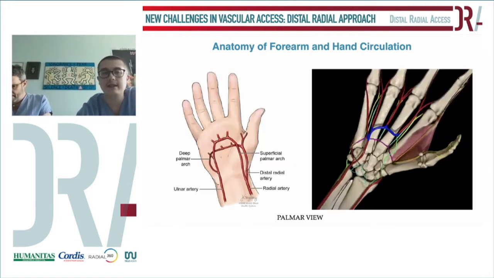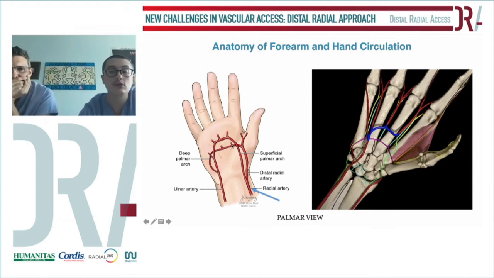So this is more or less the same slide, just to remember that one arch is almost always complete and the other is not always complete. And here is the standard puncture site, so it's easy to understand that if you make some damage here, you will lose the vascularization of the deep arch, but it's not a big deal because the deep arch is also vascularized by the ulnar artery, but more importantly the superficial arch is not always supplied by the ulnar artery.